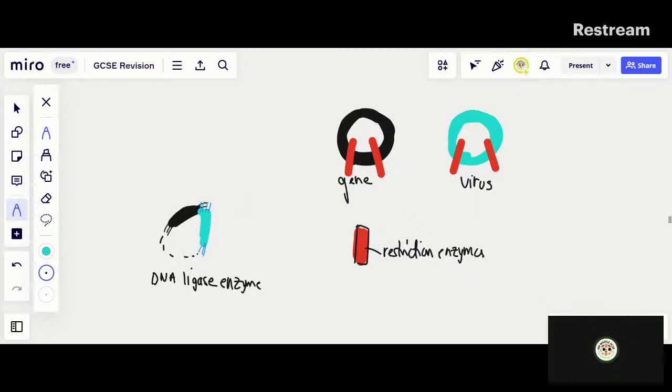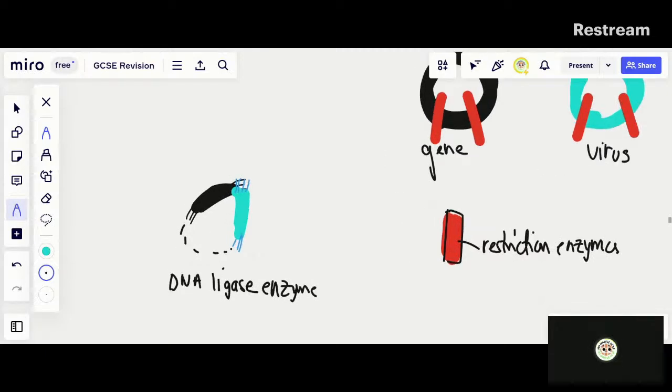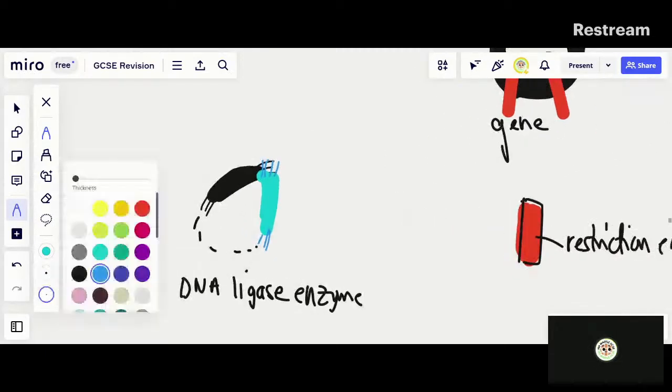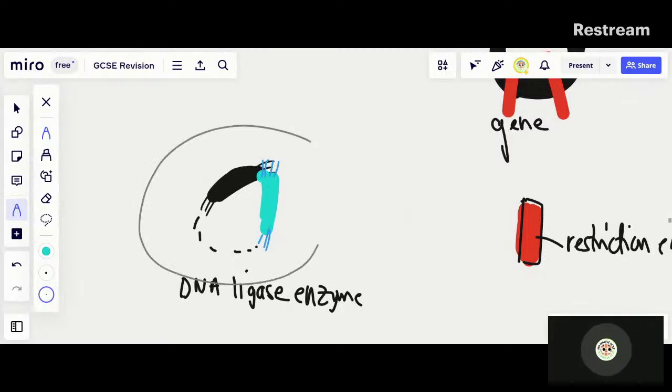in a vector. For example, this vector could be a bacteria cell. In this vector, this gene is going to reproduce and multiply. And you will now see that whatever vector it is will then contain this modified gene and loads of copies of this modified gene.